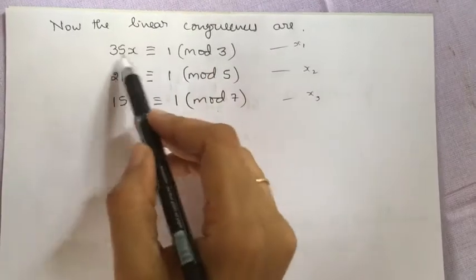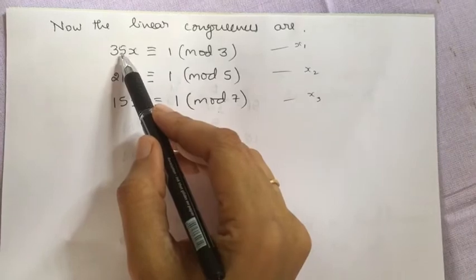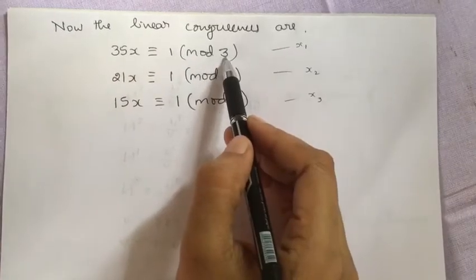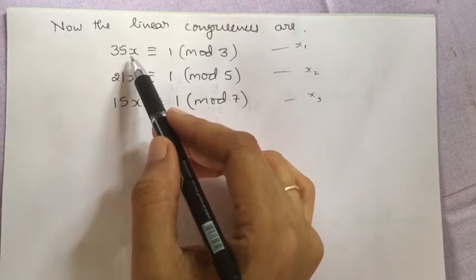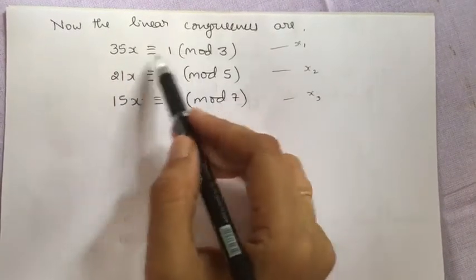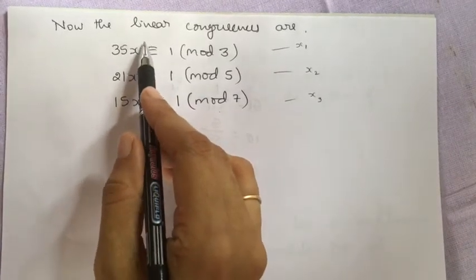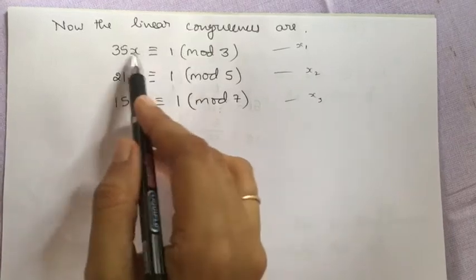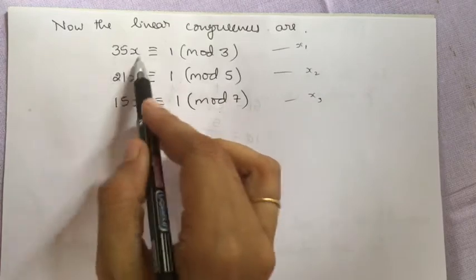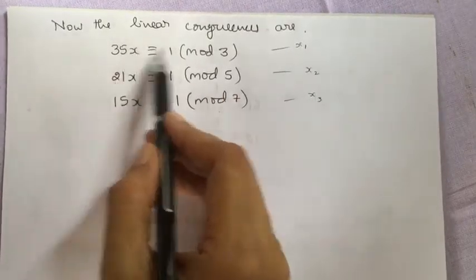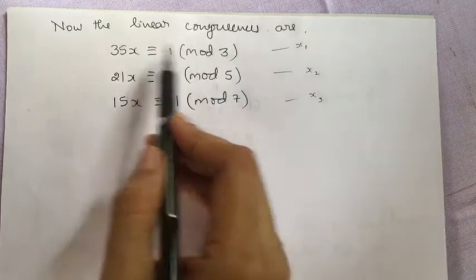For the first one, 35x is congruent to 1 mod 3. Since these two are relatively prime, you can find the inverse of 35 and do it, but here since the n value is very small, you can just go by trial and error method.